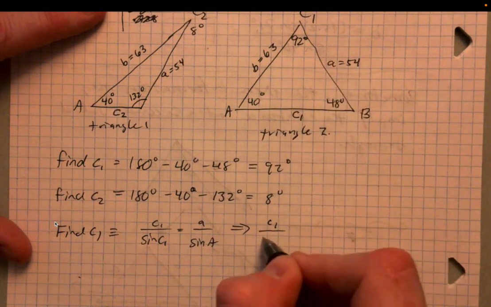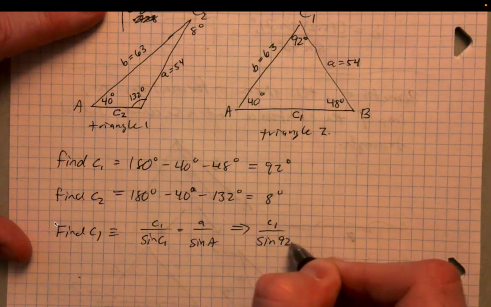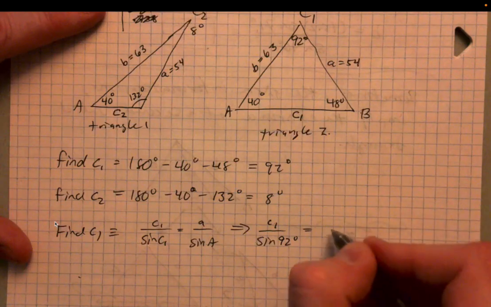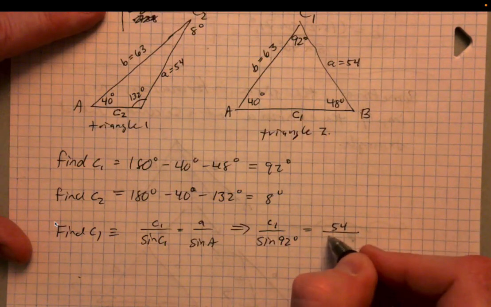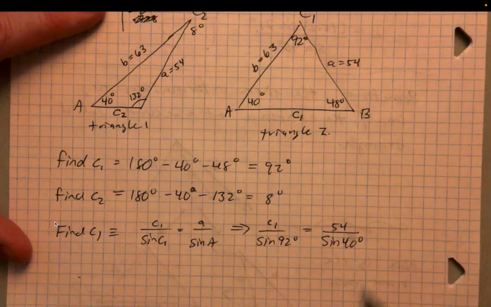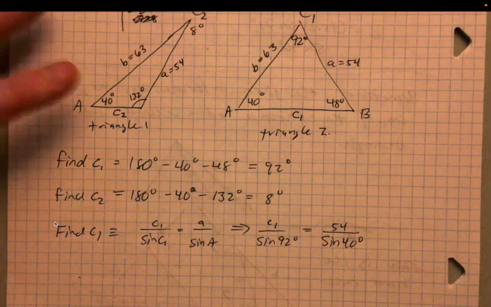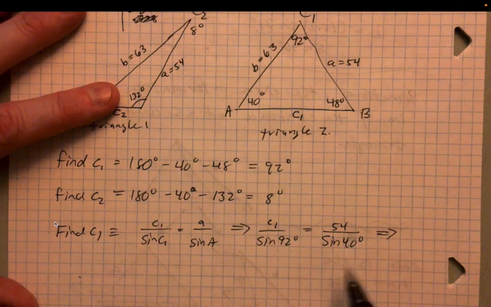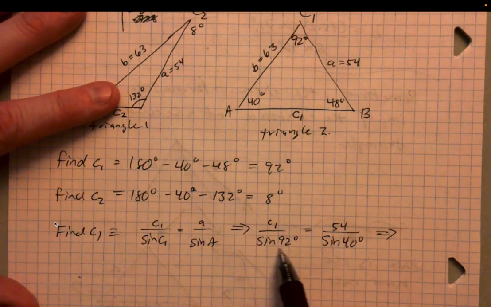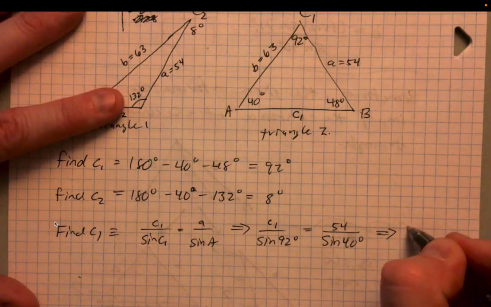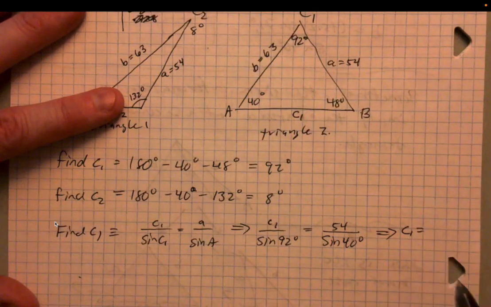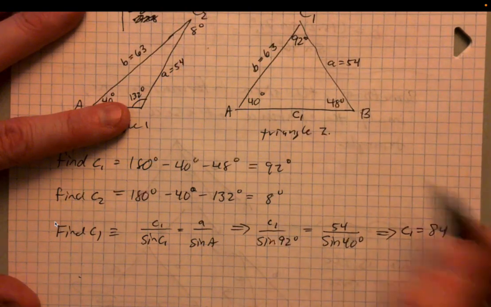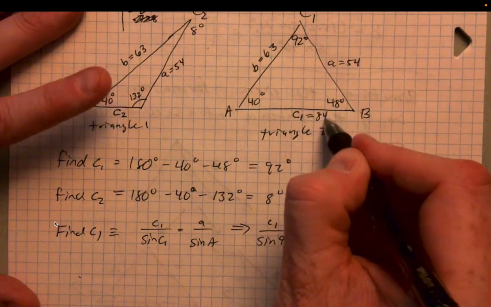So that's c1 over the sine of 92 degrees, and that's equal to 54 over the sine of 40 degrees. You can do the algebra, but it's 54 times sine of 92 over sine of 40. So that implies that c1 is equal to 84. So here I've got an 84.